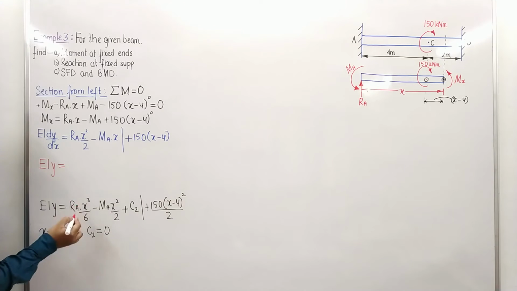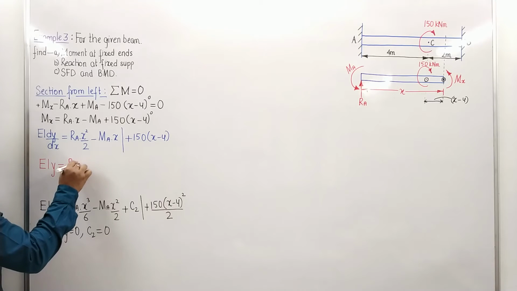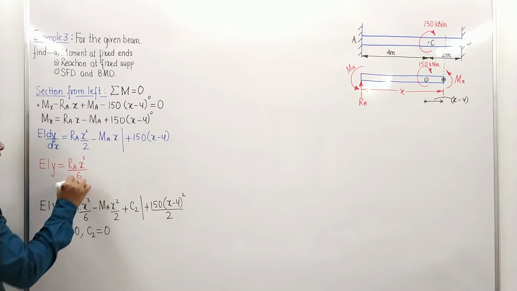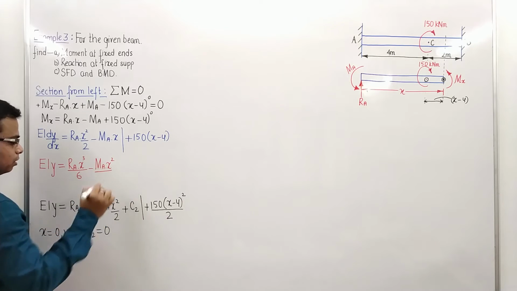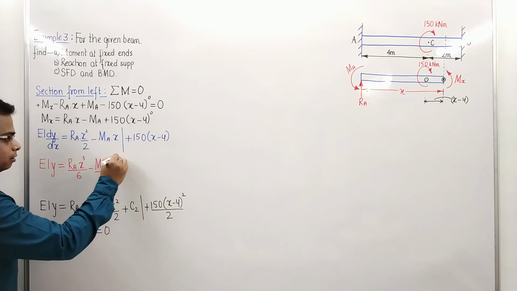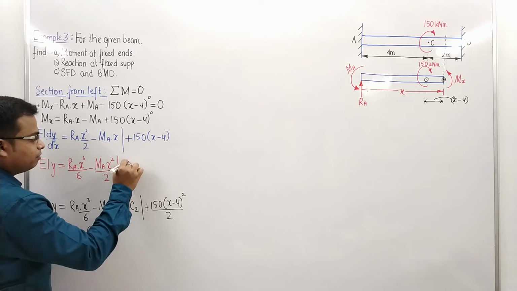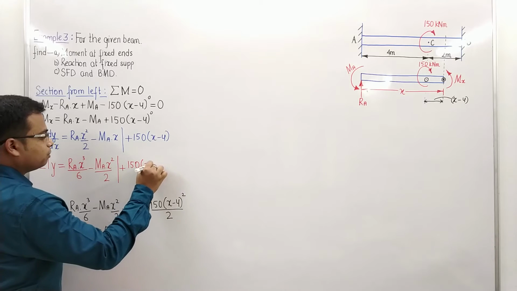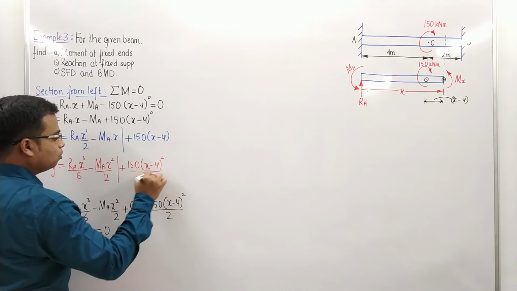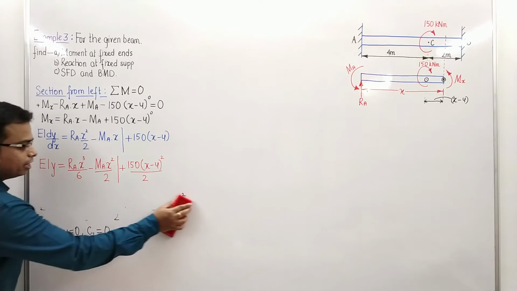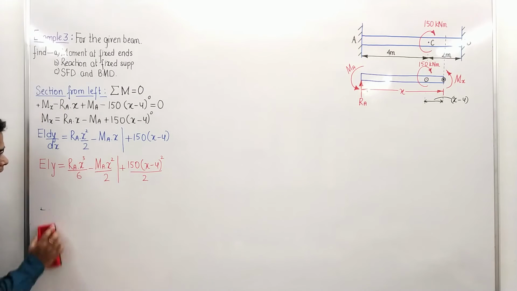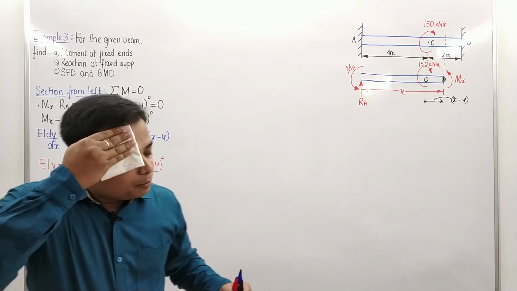EIy is equal to RA x cube over 6 minus MA x square over 2, plus 150 times (x minus 4) square over 2. So these are essentially two equations: the one in blue is the slope equation and the one in red is the deflection equation. Now we need to apply the boundary conditions again to get the value of RA and MA.